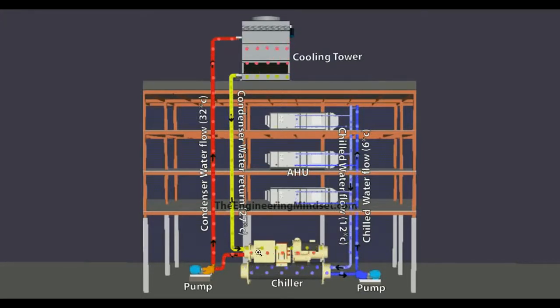So the heat that is picked up in the condenser is then pushed in another circuit up to this centrifugal pump, and that is pushed up into the cooling tower, where the air is forced by a fan inside, and that dissipates and rejects the heat from the building. So this water then returns at a cooler temperature. You can see it's being sent up at 32 degrees Celsius, and it's coming back at 27 degrees Celsius. So this water returns back to the condenser, ready to pick up more heat from the chilled water system and reject the heat from the building.